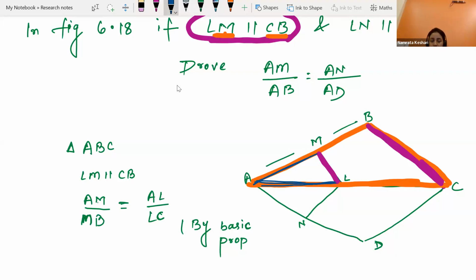AM by MB is equal to AL by LC by basic proportionality theorem, right? Equation number 1. What we have to show, we will be looking at it, but not now. सबसे पहले हमें जो समझ में आ रहा है, लेट्स राइट इट.